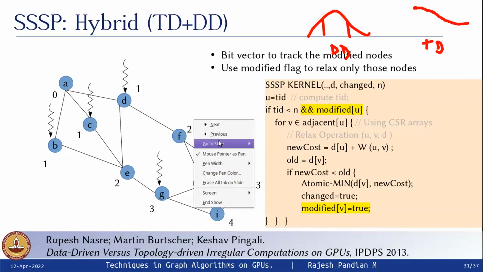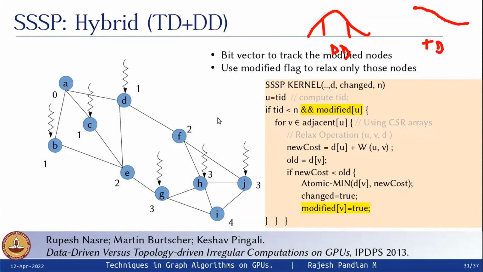But Prasanna is currently not convinced. He's asking that in each iteration the same number of nodes will get the correct distance, right? That is what he's probably claiming. So Rajesh, do you have any thoughts on that? Oh, the claim is data driven and topology driven will have the same number of iterations. Is it so? Yeah, that is what Prasanna is arguing for.